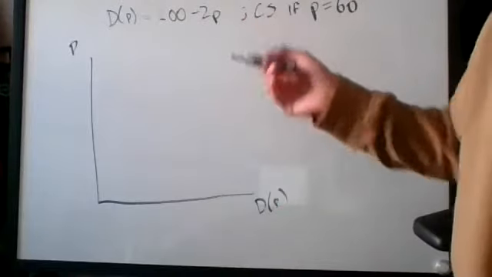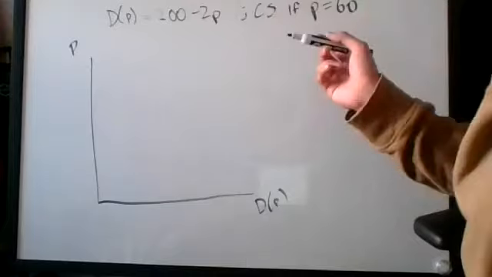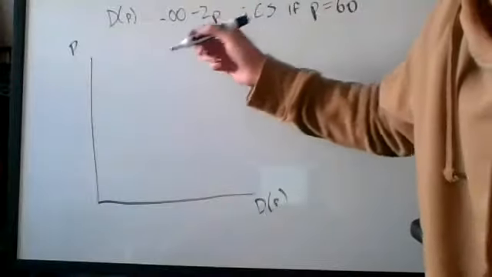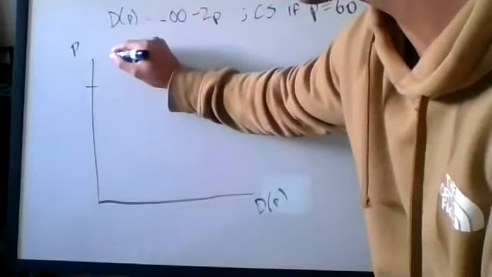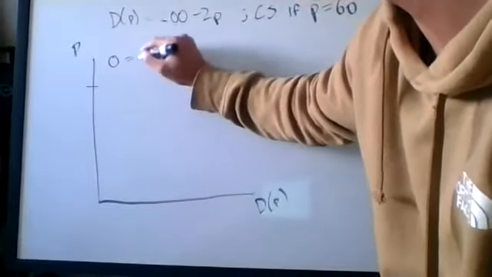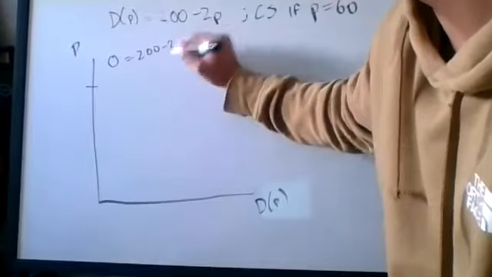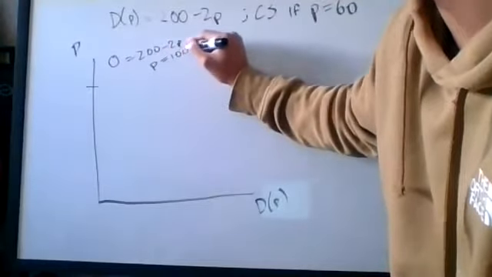I think that finding your axis points is probably the best way of graphing. So we want to find what this axis is, right? So we set D of P equal to 0, and we're able to get that P is equal to 100.